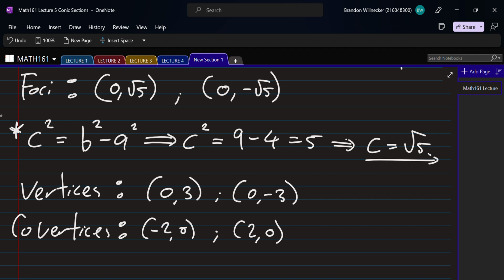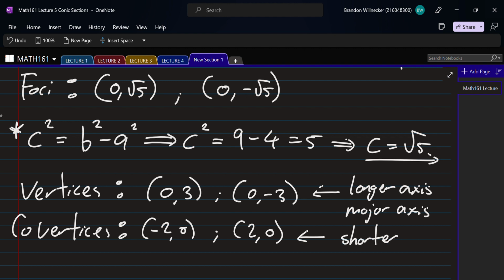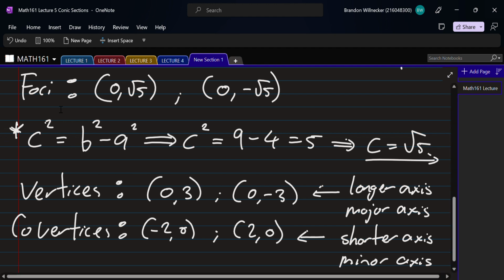Okay, so then just a note here for this one. Remember, this is the longer axis or major axis. And then the co-vertices, those are on either end of the shorter axis or the minor axis. I'm not too worried about the naming that you use.